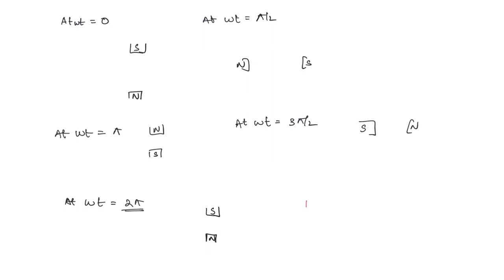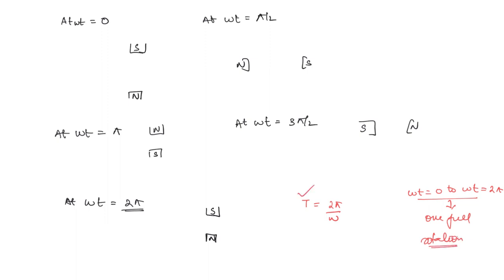So what is the time period of the rotation? That means how much time the magnetic poles are taking to complete one full mechanical rotation around the stator. It is 2 pi by omega, because from omega t is equal to 0 to omega t is equal to 2 pi, we are completing one full rotation. The magnet is completing one full rotation.